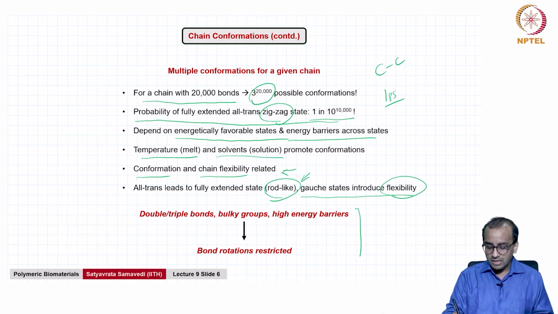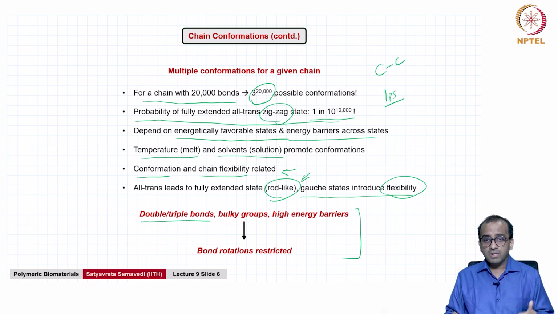Also note, can you speculate on the presence of, say, double or triple bonds, or the presence of bulky groups along the backbone, or if you have high energy barriers, what that would do to conformations?